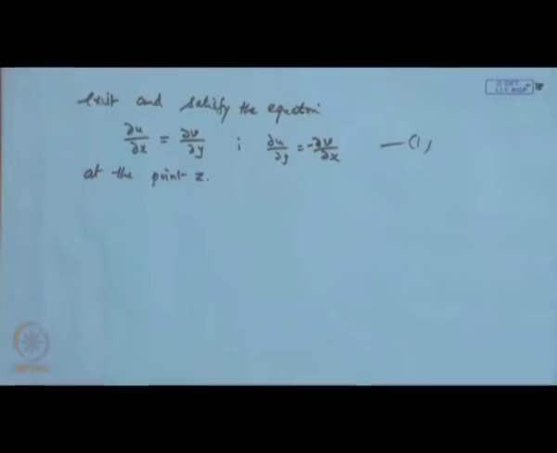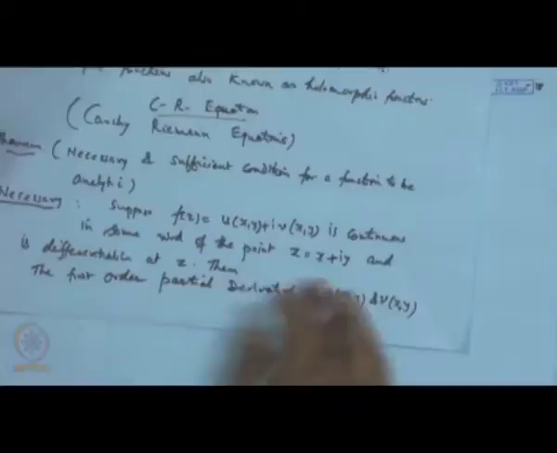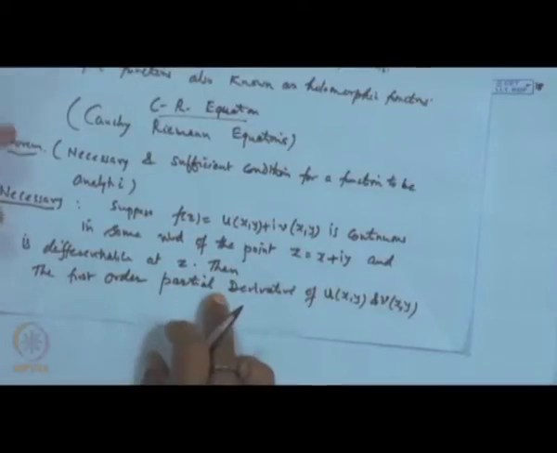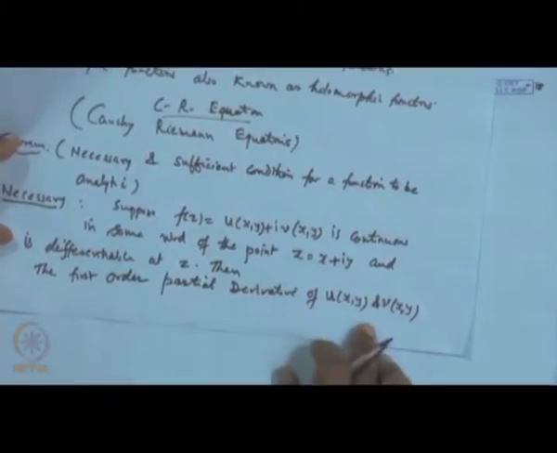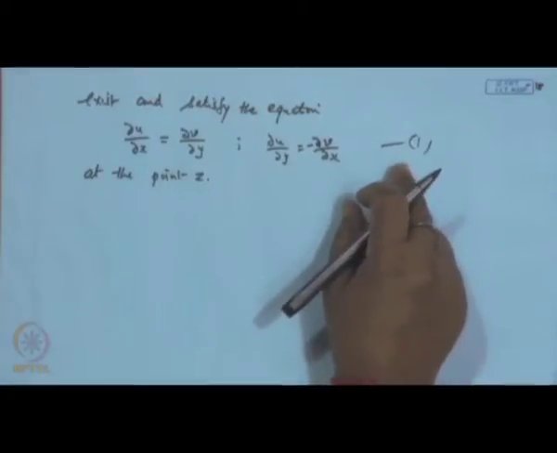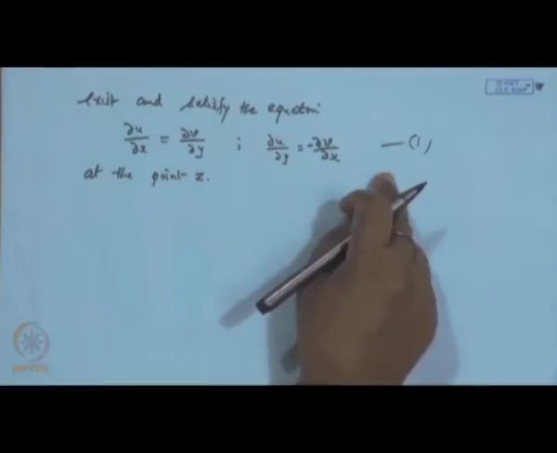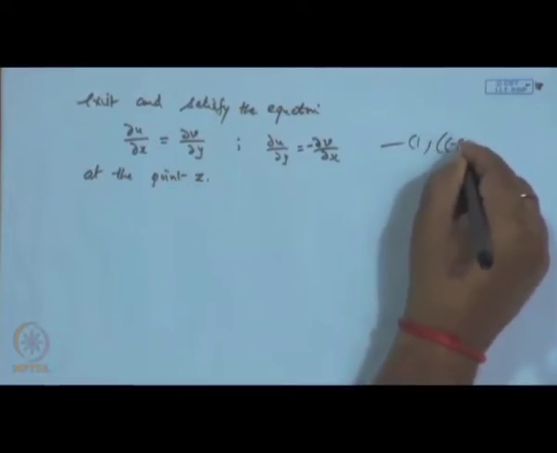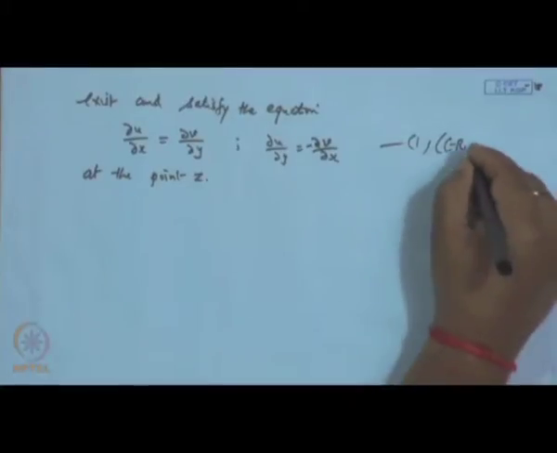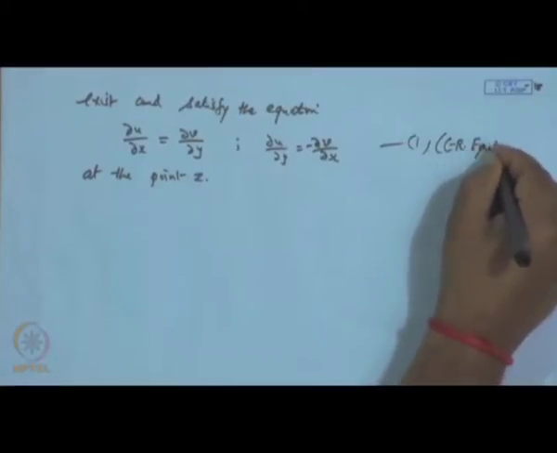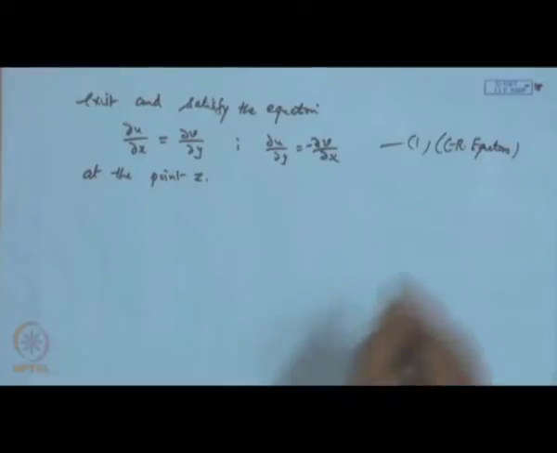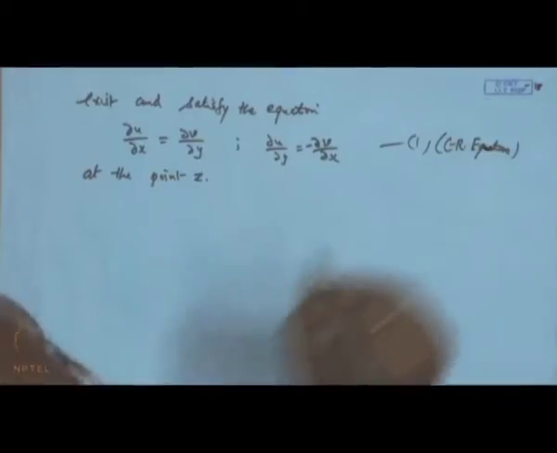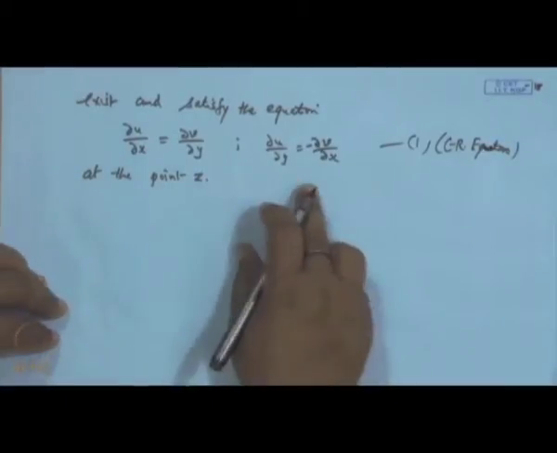So, what does this result say? If a function is differentiable at the point z, then its real and imaginary parts must satisfy these equations. Now, these equations are known as the CR equations.